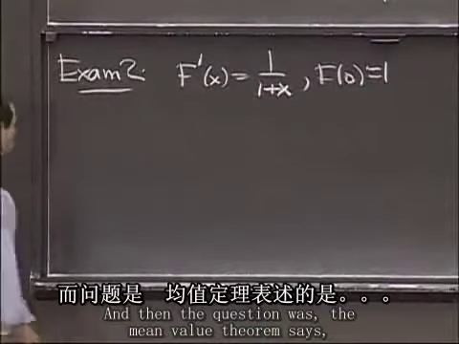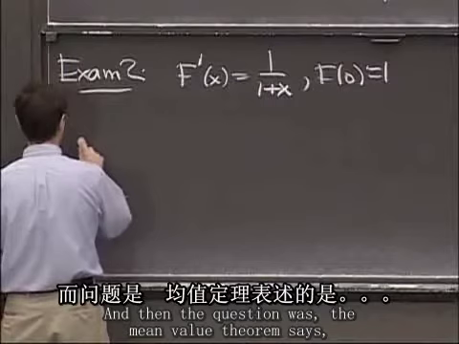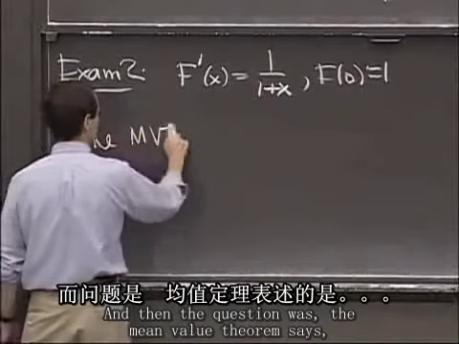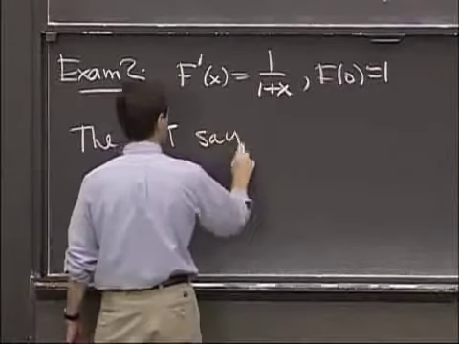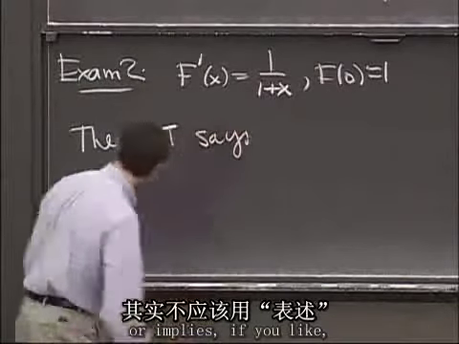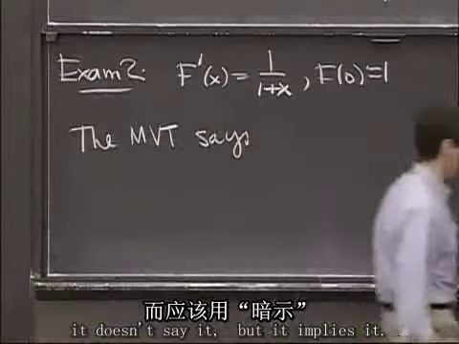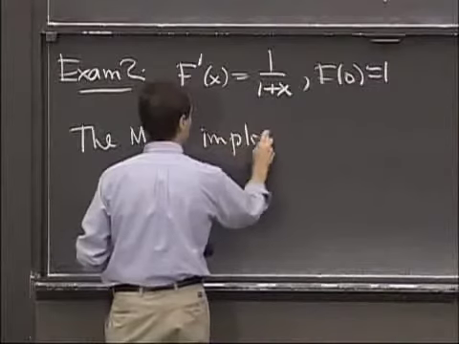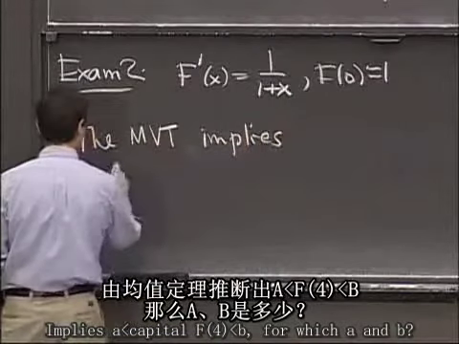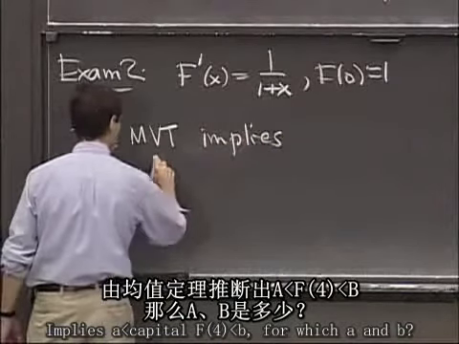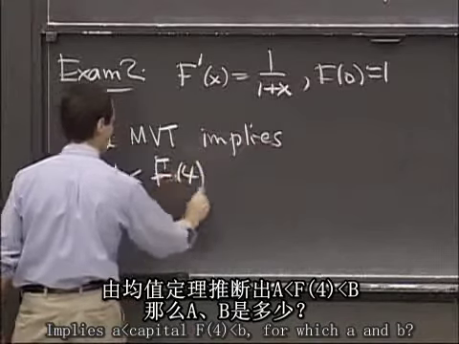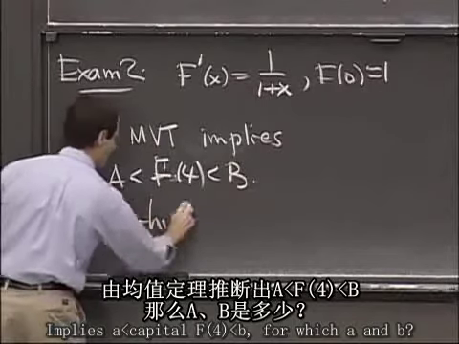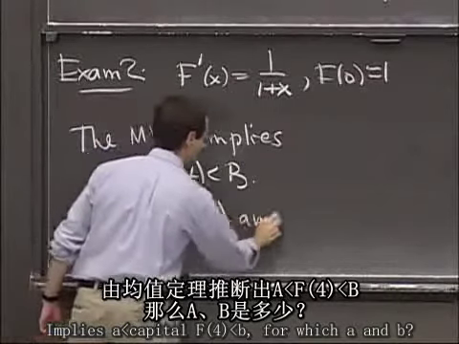And then the question was: the mean value theorem implies, it doesn't say it, but it implies, A is less than capital F of 4 is less than B, for which A and B.